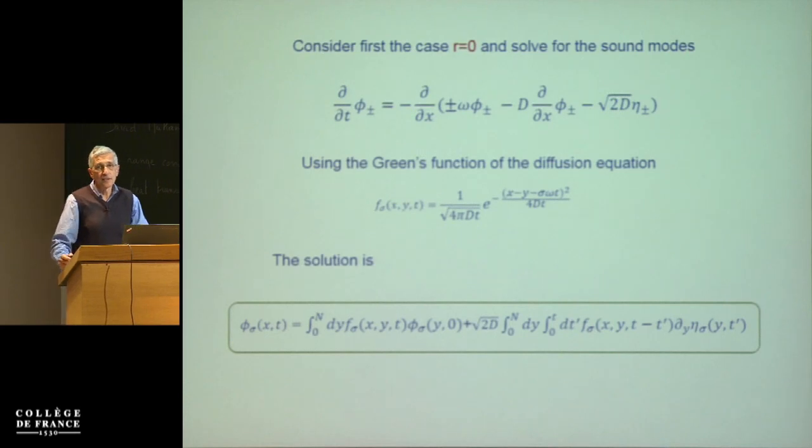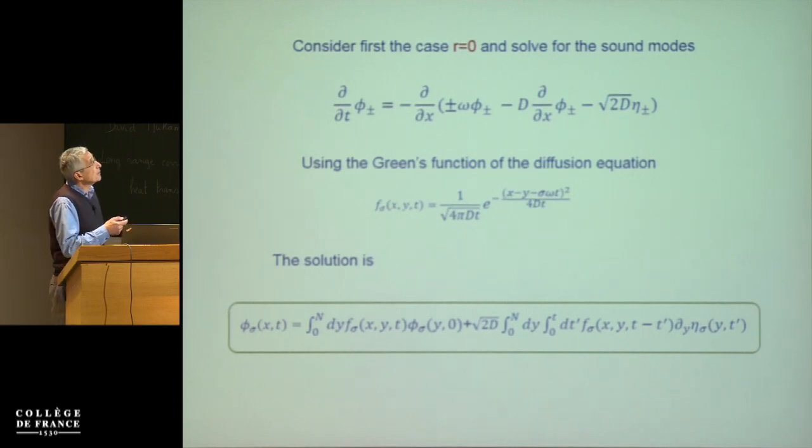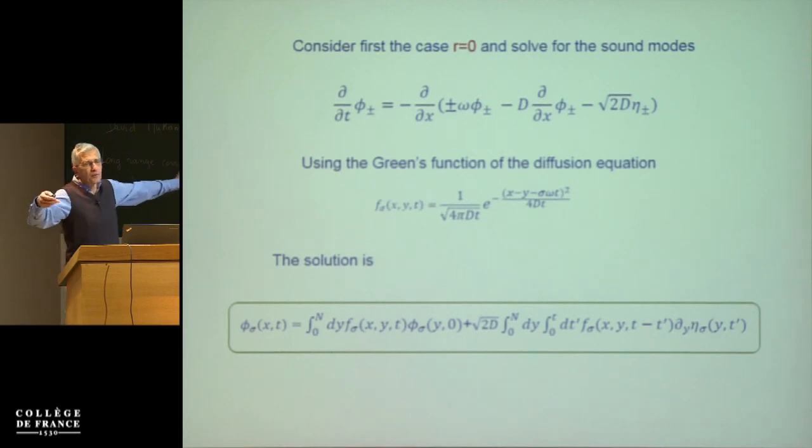Now we have all the tools to really look into the modes of the system. Let's look at the equation for phi plus minus. These are the equations that we want to solve. They are basically linear equations, so you can solve them. There is the Green's function, and forget now the boundary terms.